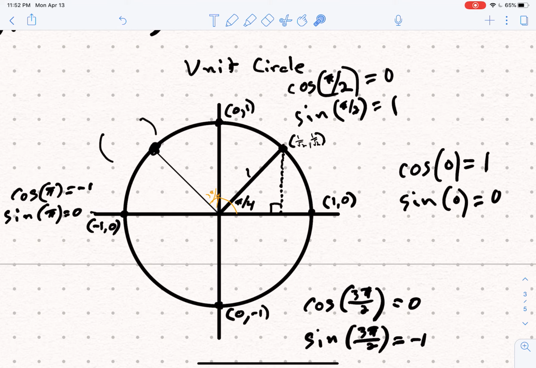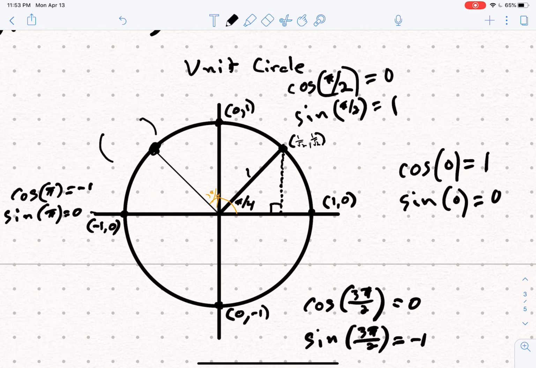When we flip it over, the y value is the same, the same height above the x-axis, so the y value is 1 over radical 2. And the x value, since this is on the left-hand side, is now negative, but otherwise the same. So it's going to be negative 1 over radical 2.